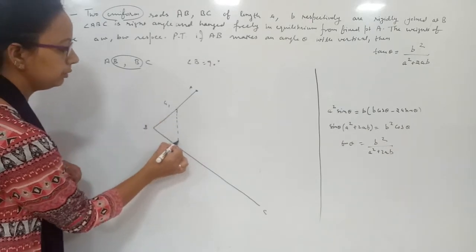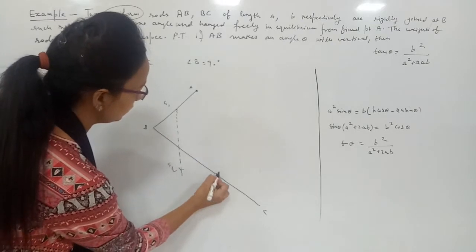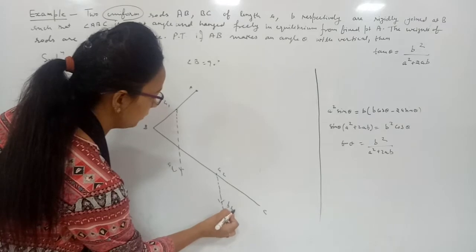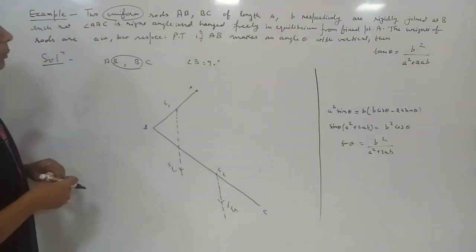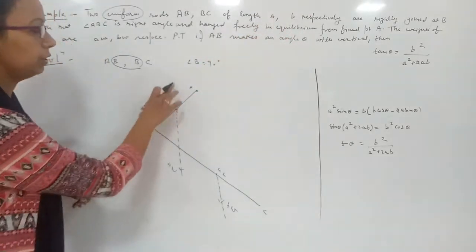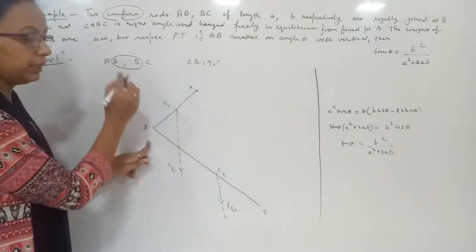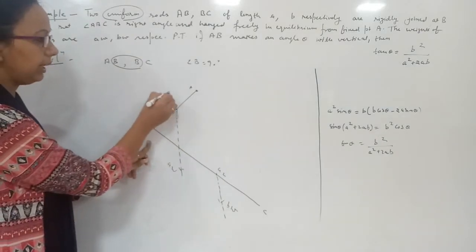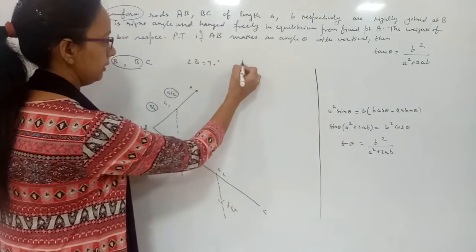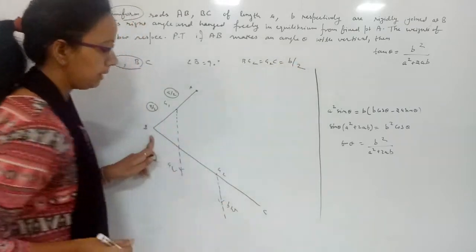This is aW, and here at the middle point this is bW. Now since lengths are given as a and b, total a, this total b, and since G1 is the middle point, it will be a by 2, a by 2. Likewise BG2 and G2C, both are b by 2.